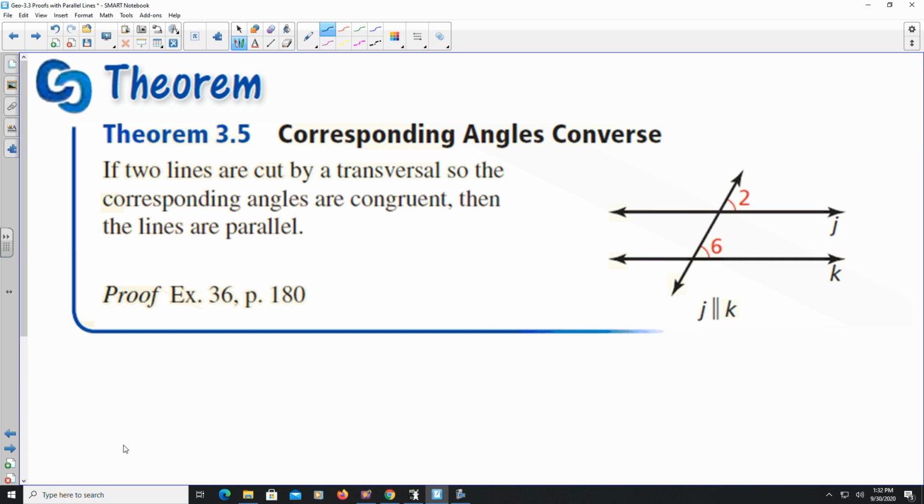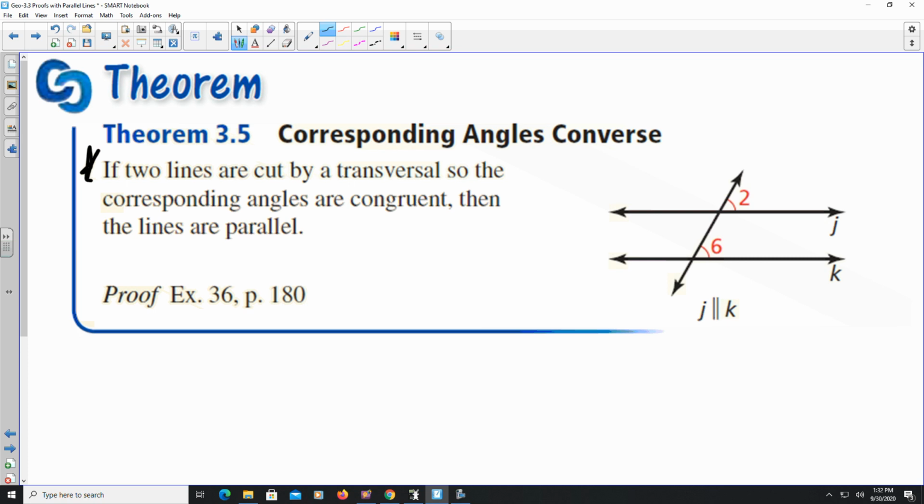If you recall from chapter 2 when we talked about converse, that means we flip the conclusion and hypothesis in our conditional statement. So this theorem has a conditional statement right here that states that if two lines are cut by a transversal so the corresponding angles are congruent, then the lines are parallel.